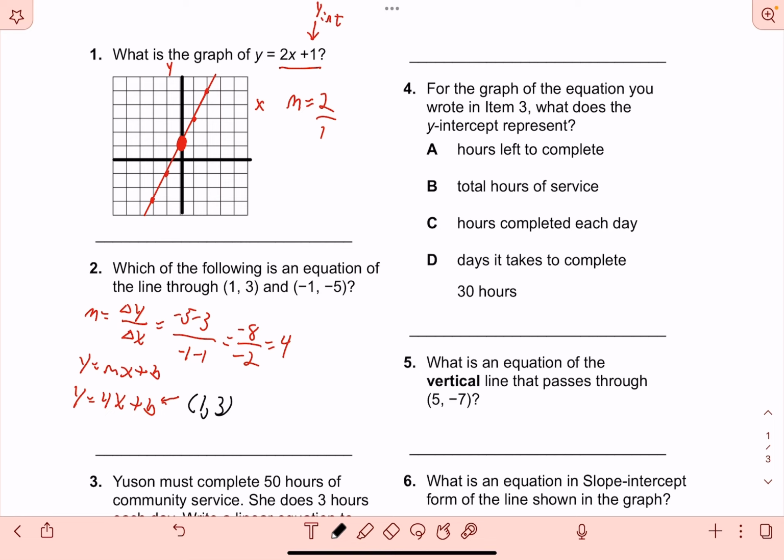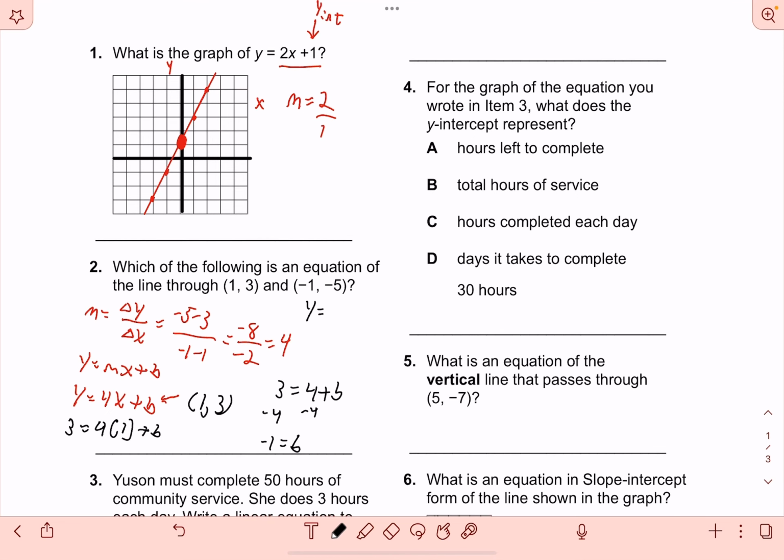So I'm going to put in 3 for y, 1 for x. So we have 3 equals 4 plus b. We're solving for b. You get b equals negative 1. So you get y equals 4x minus 1, and that's the equation.